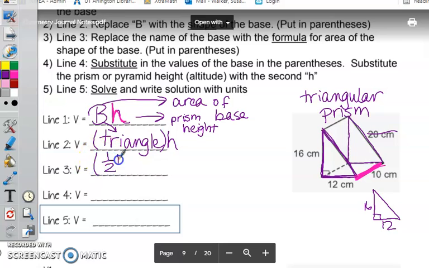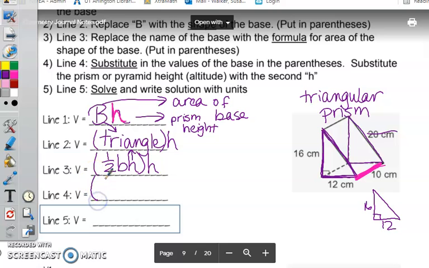Half B H, that was the triangle, right? And then there's another H. This H is from the triangle. I know this can get confusing, so make sure you know inside the parentheses that is literally just looking at the triangle.